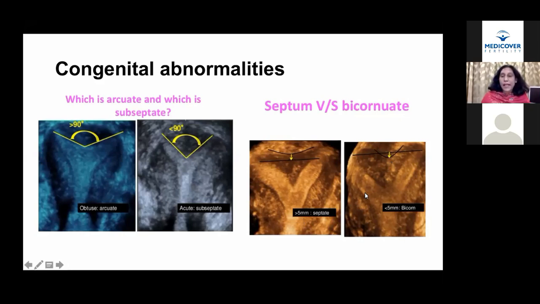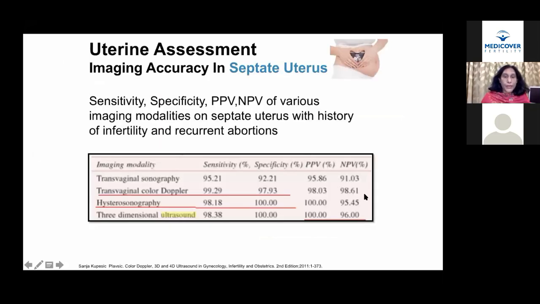If this is narrow, then it is bicornuate. This study compared the imaging accuracy in assessing septate uterus, and it was found that transvaginal ultrasound can be this sensitive, especially in cases of infertility and recurrent abortions. With 3D ultrasound, the sensitivity and specificity increase much higher.